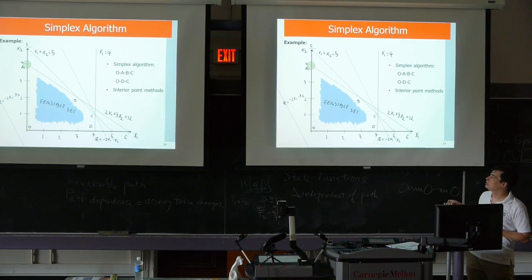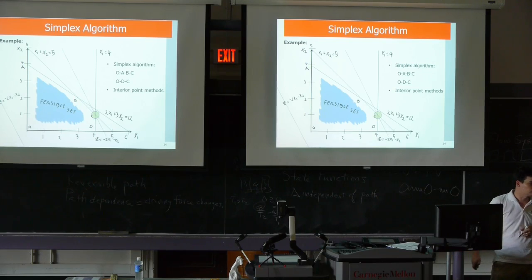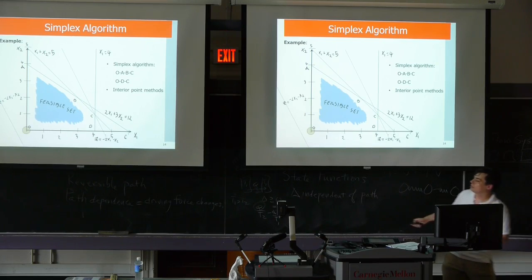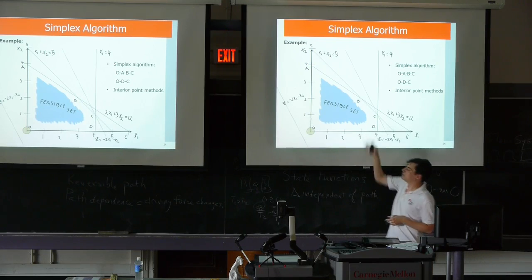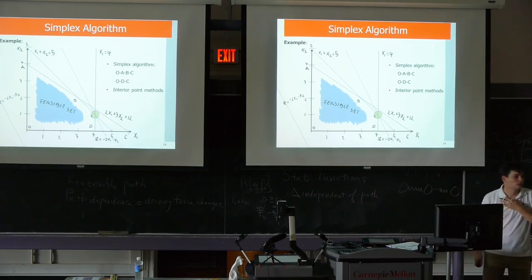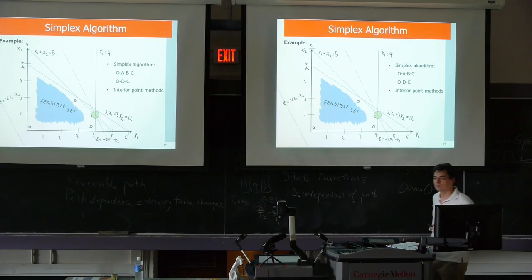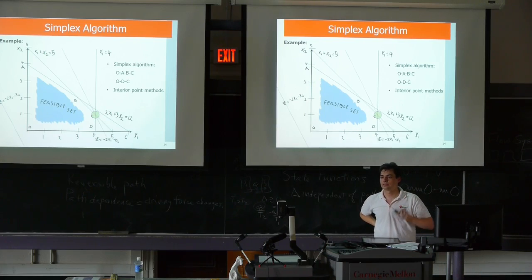The simplex algorithm just jumps from one corner to a neighboring one till it finds the optimal solution. It might jump this way too, depending on which variant of the simplex algorithm you use. Any question so far? It's clear? Good.